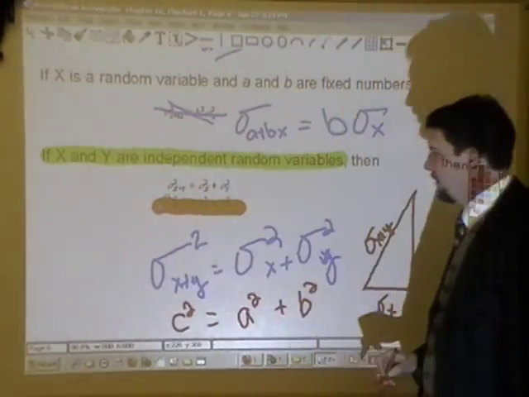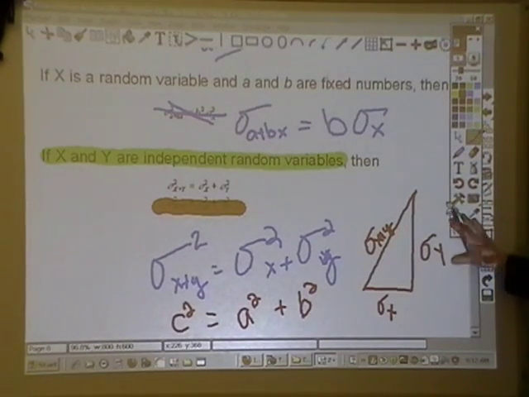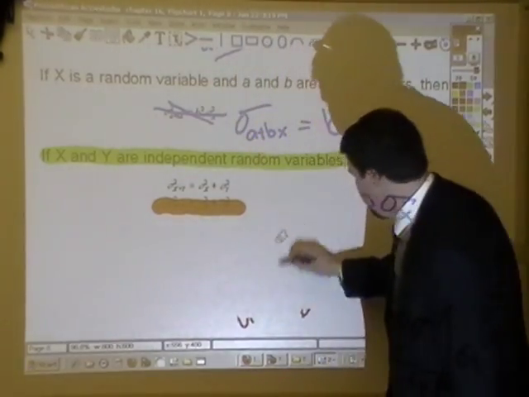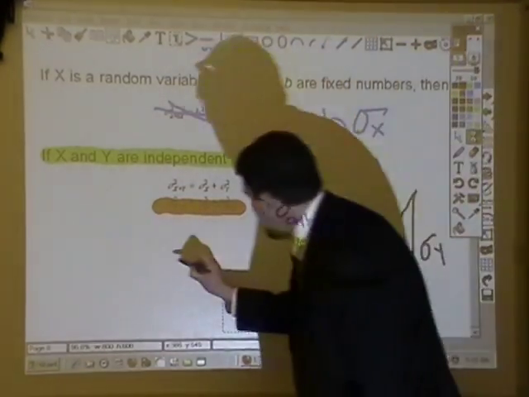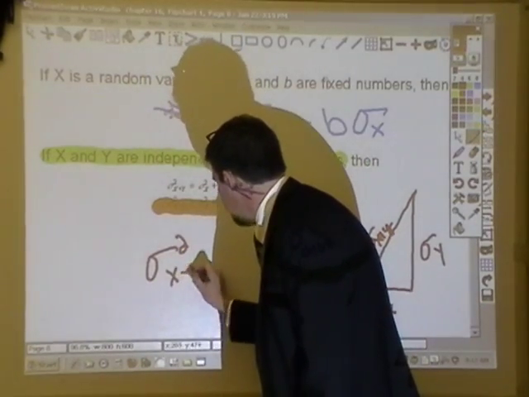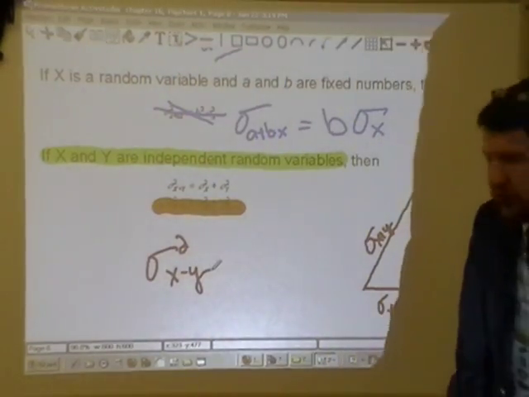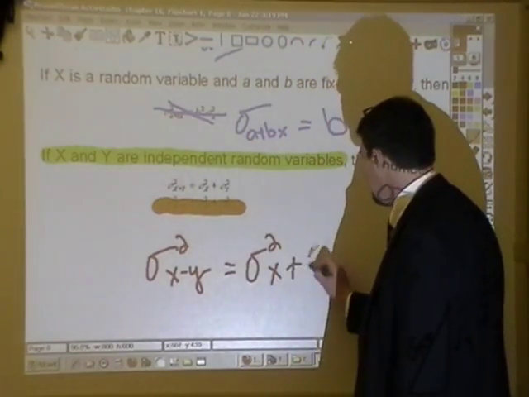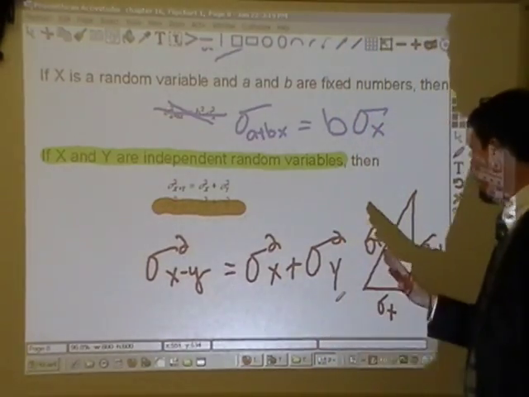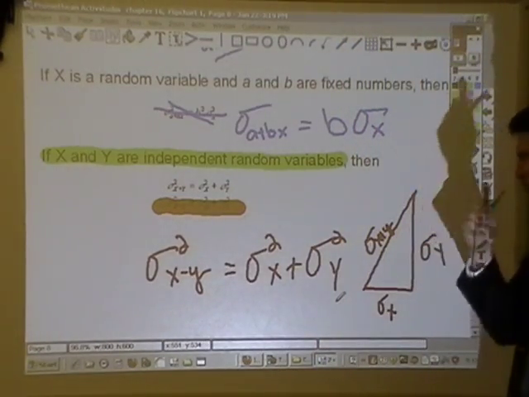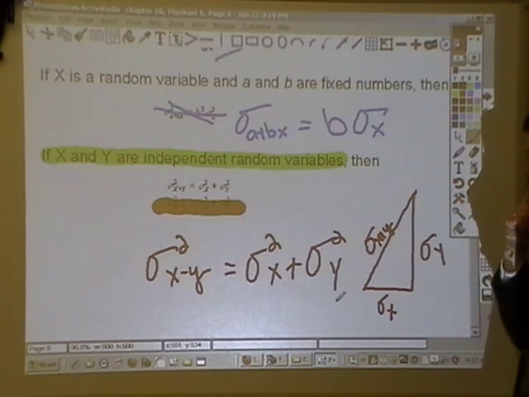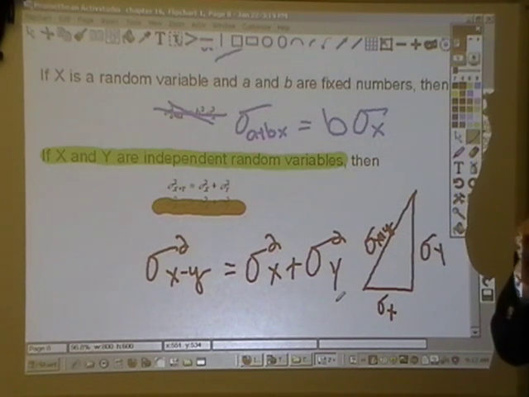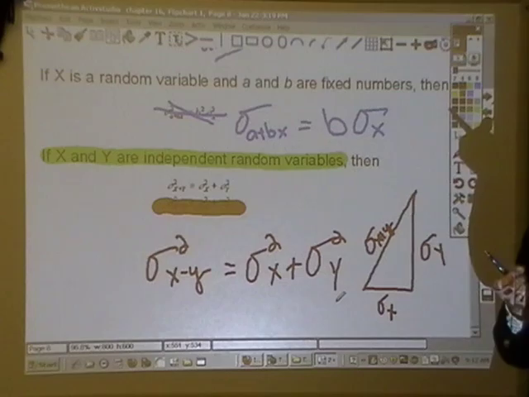This statement says the variance of X minus Y, so I'm going to subtract these distributions, is equal to the variance of X plus the variance of Y. Here's the problem we could have: if I were going to subtract, there's an opportunity for a negative standard deviation.